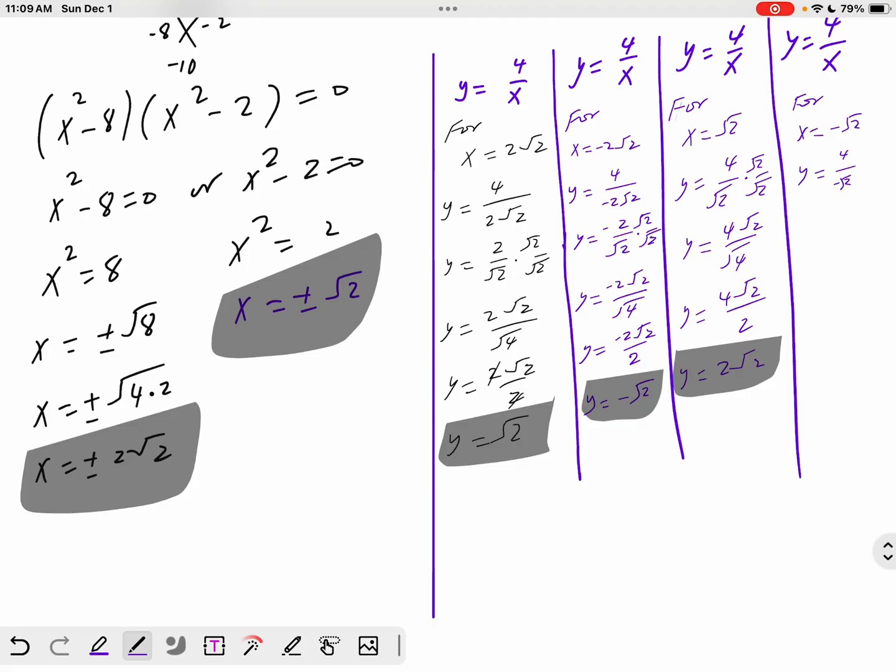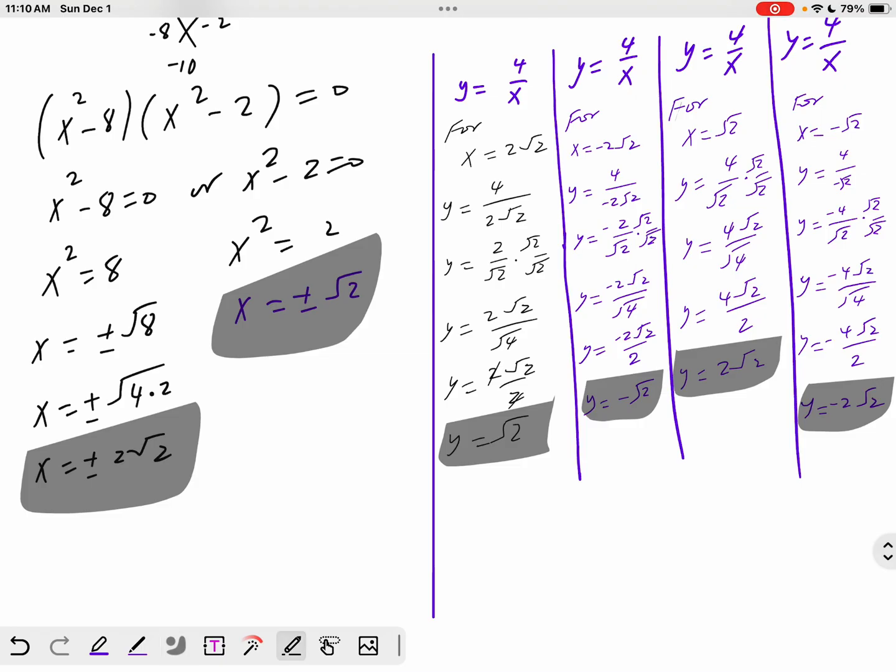Multiply by root 2, so y equals negative 4 root 2 over root 4. And then y equals negative 4 root 2 over 2, which is y equals negative 2 root 2.